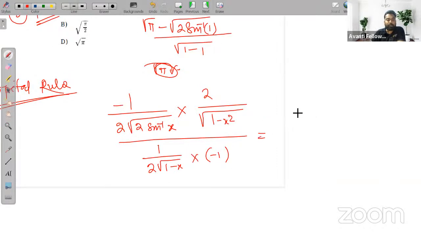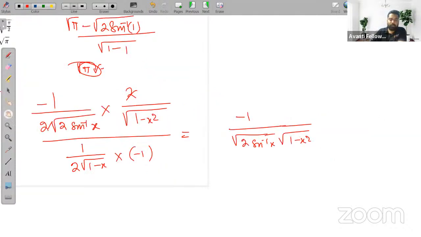Now if we simplify this, you will get minus 2, so 2 and 2 cancel out. So this will be minus 1 upon 2 root of 2 sine inverse of x into root of 1 minus x square, into, minus minus will cancel हो जाएगा ना, 2 into 2 into root of 1 minus x plus 1.